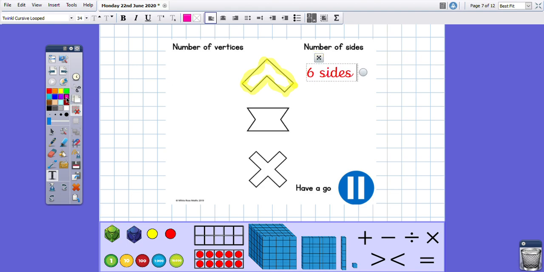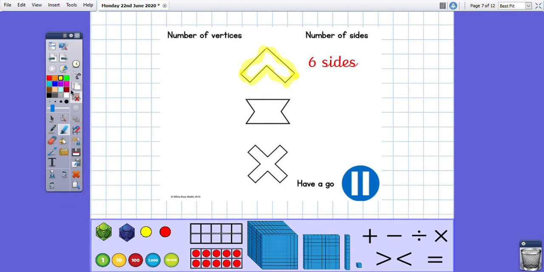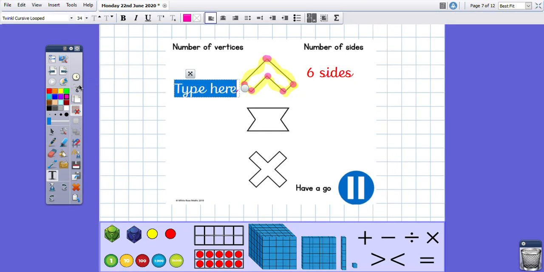And then check for the vertices. It has got 1, 2, 3, 4, 5, don't forget this one, 6. So it's got 6 vertices. Okay, I want you to have a go now at the next 2 shapes. And you can send that to me and Miss Smith in your email too.